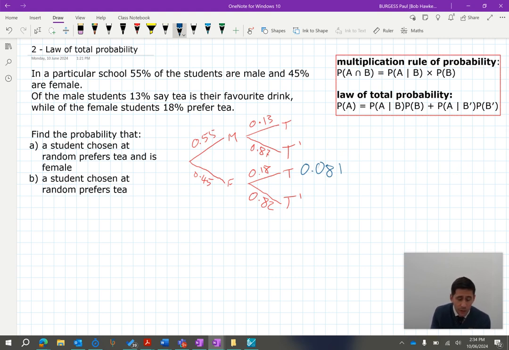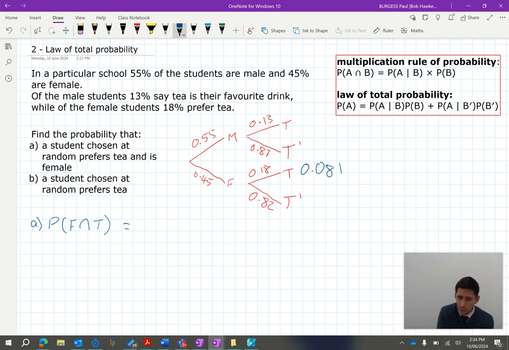Now, if I look up here at the multiplication rule of probability, we could use it to do this as well. The probability that we've got female and prefers tea is the intersection of the two things.